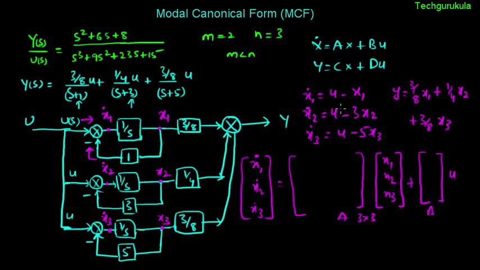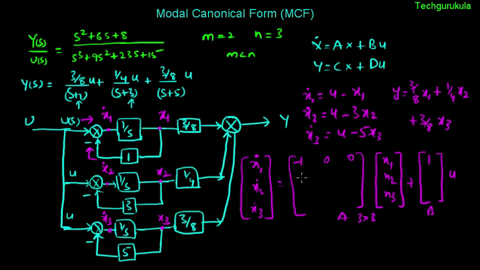Now x1 dot depends on x1 and u. It doesn't depend on x2 and x3, so those are 0. So x1 dot is equal to minus 1 times x1 and 1 times u. So we can write x1 dot as minus 1 times x1 plus 0 times x2 plus 0 times x3 plus 1 times u.